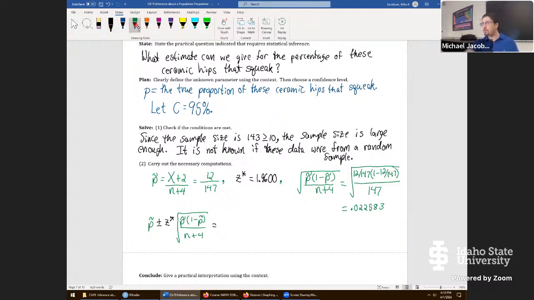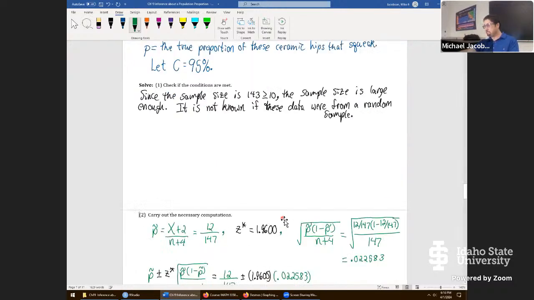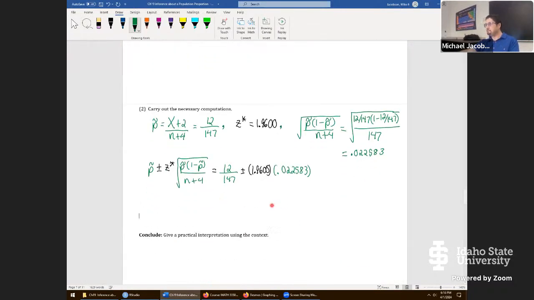Altogether, this is going to be 12 over 147, add or subtract 1.9600 multiplying 0.022583. And let's put this on the next page to avoid that page break. So finally, we're going to have p in the middle, a lower bound and upper bound.